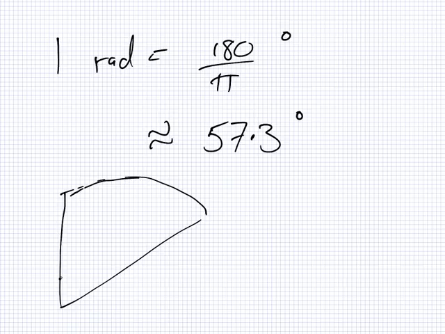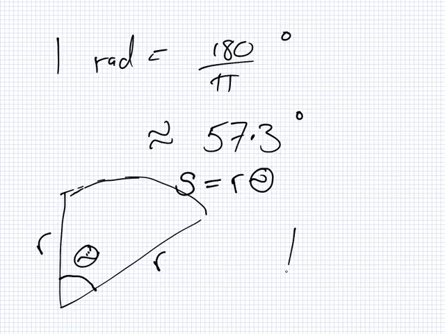I'll tell you. If this angle is in radians, and only if it's in radians, you can know that the arc is equal to the radius multiplied by the angle. But that only works in radians.